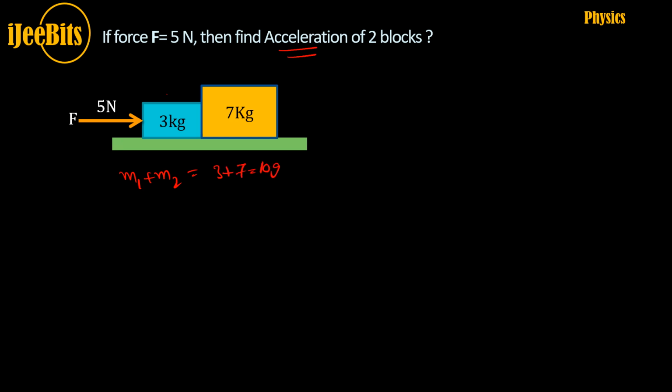You think of this as a 10 kg block, and then you apply the force. So F equals MA, because acceleration is always in the direction of force. Clear?